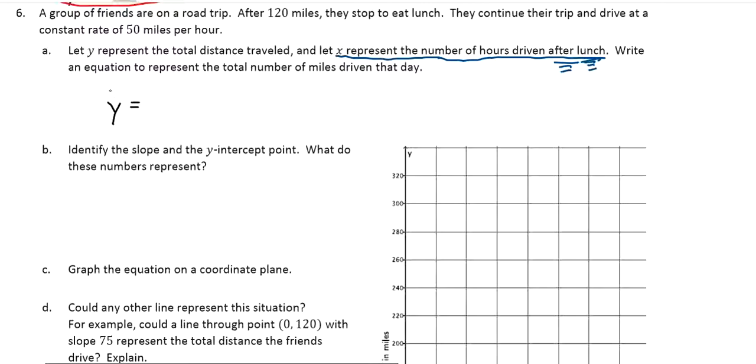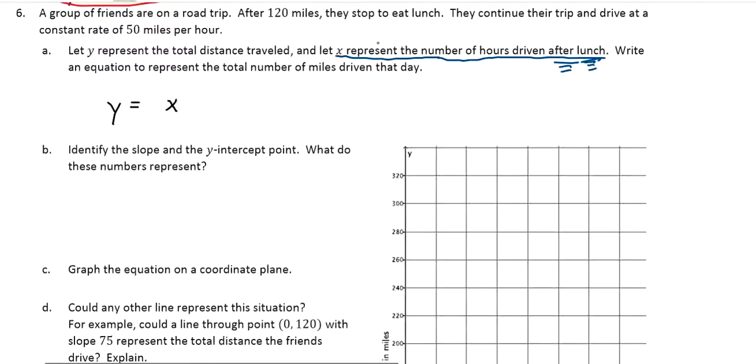So the total distance traveled, y, is found by, or is, which is what the equal sign means, and over here we have to write how those miles add up, how we get the total miles after x hours. I'm going to put an x in there.